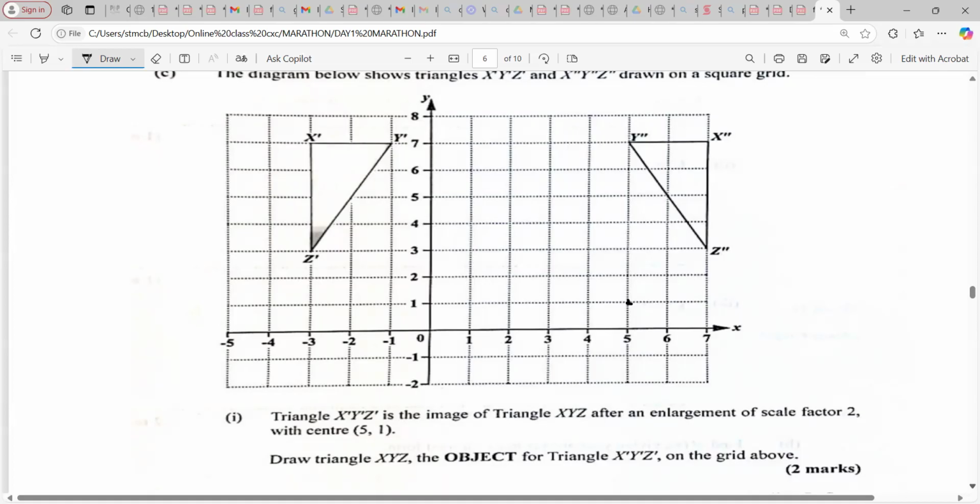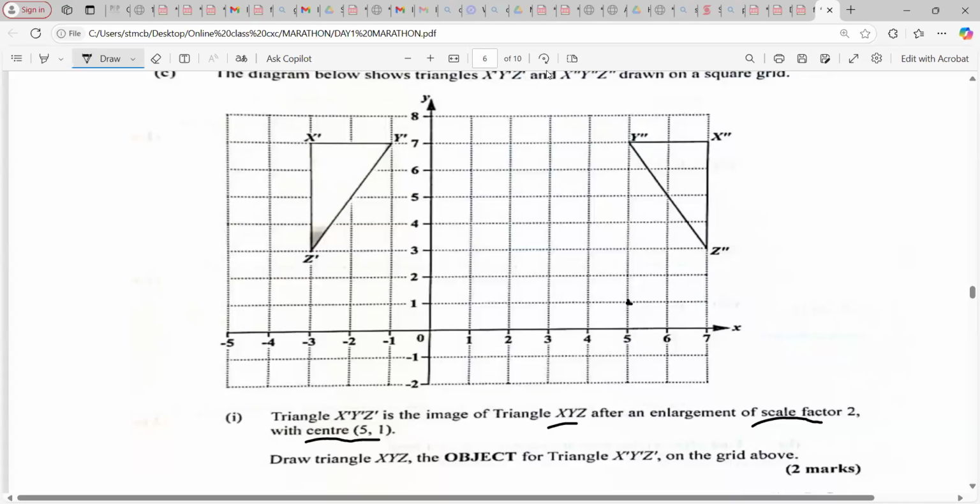So they say the center and the scale factor. Triangle X1 Y1 Z1 is the image of triangle XYZ after an enlargement of scale factor 2 with the center 5, 1.